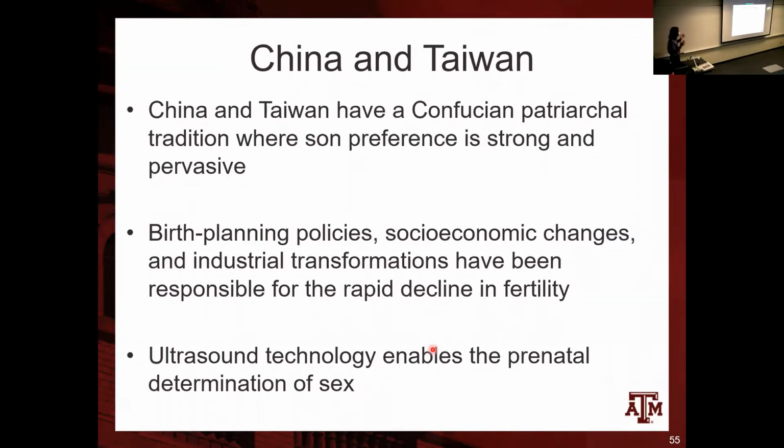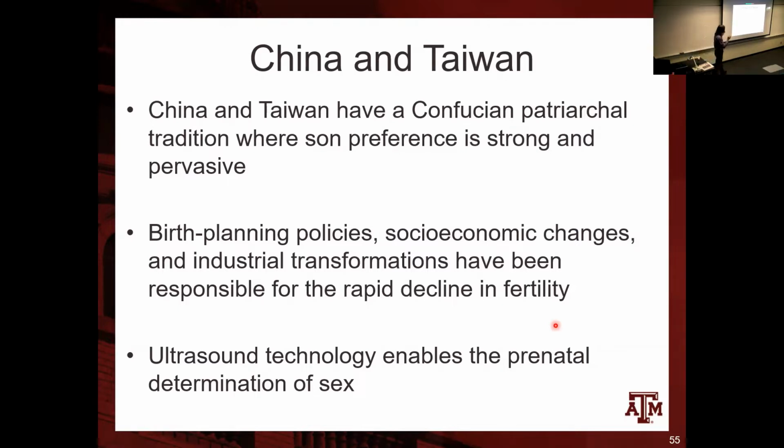So China and Taiwan have a Confucian patriarchal tradition where son preference is strong and is still going on in the countries even nowadays. Birth planning policies, socioeconomic changes, and industrial transformations have been responsible for the rapid decline in fertility. And just to emphasize, whenever we talk about declines in fertility in China, we usually hear a lot about the influence of the one-child policy that was implemented between 1979 and 2013.